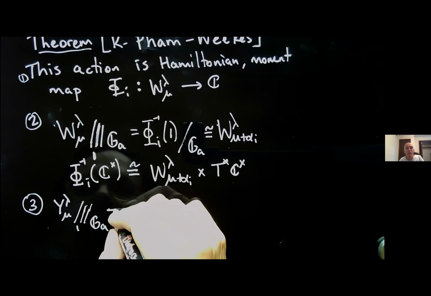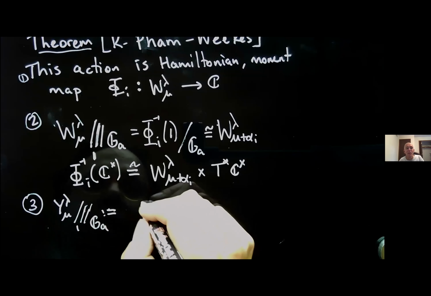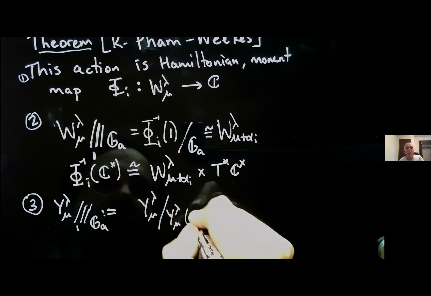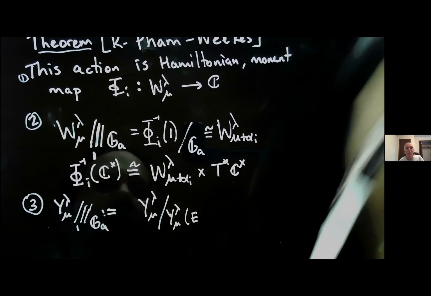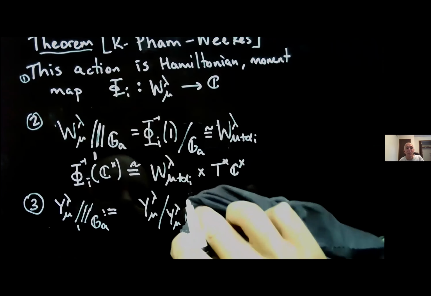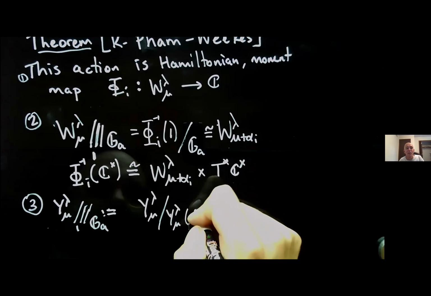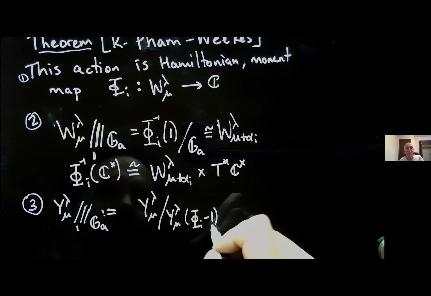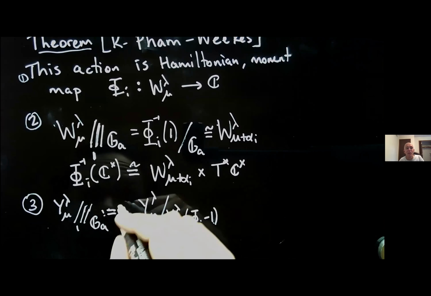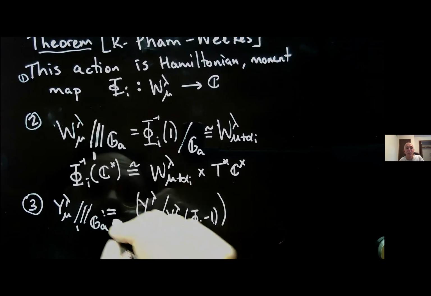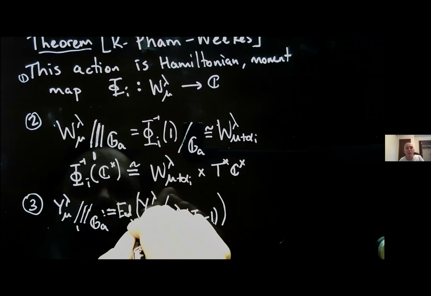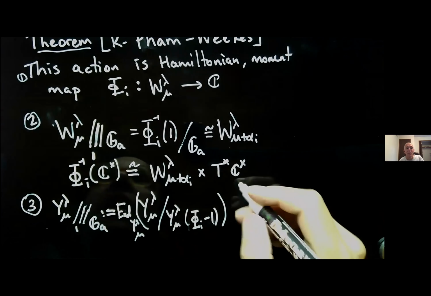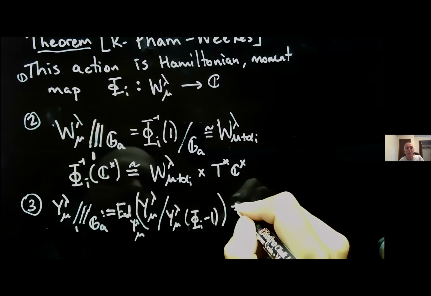We form the quotient Y lambda mu mod the left ideal generated by the quantum lift of the moment map, which I'll denote by the same thing, phi minus 1, because that's level 1. Then I consider this as a left module for Y lambda mu, and I take its endomorphisms. That's what I mean by this quantum Hamiltonian reduction. The endomorphisms of this are isomorphic to Y lambda mu plus alpha_i.